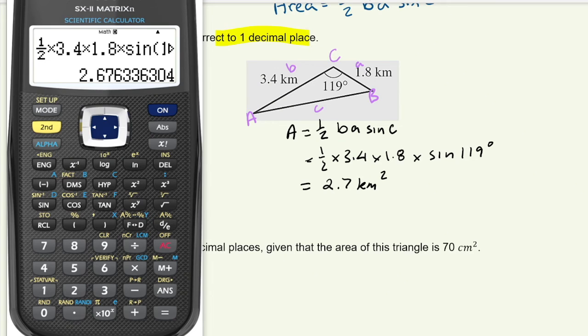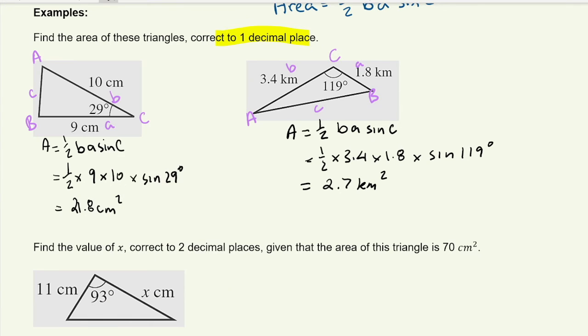And you can see there it's 2.67, etc. That 7 means that 6 needs to go up by 1 to 7, so it becomes 2.7. Quite simple. It's just a standard formula to use to find the solution to the problem.